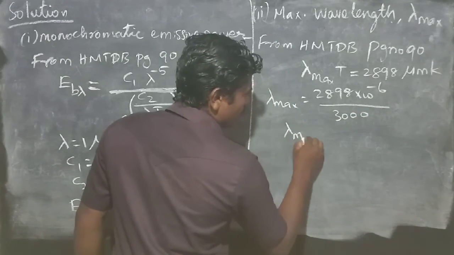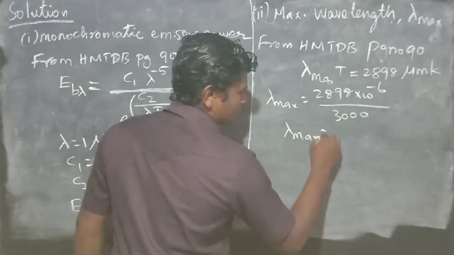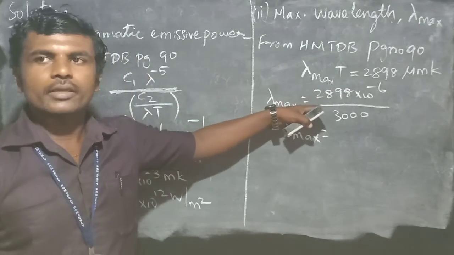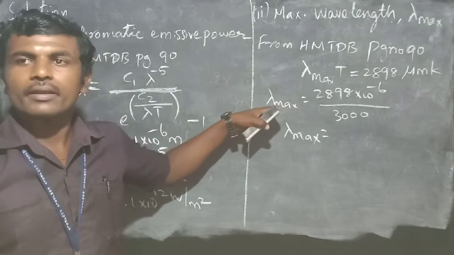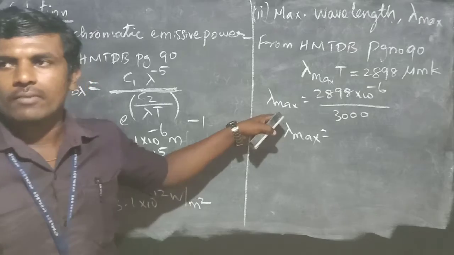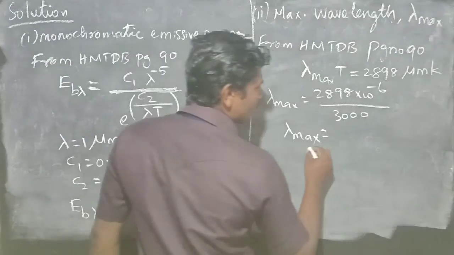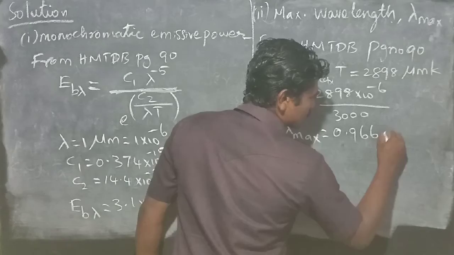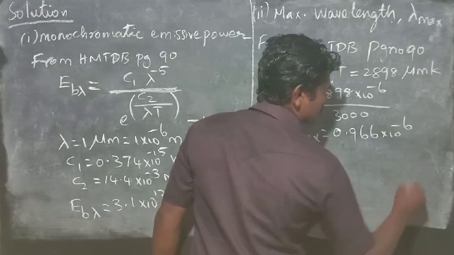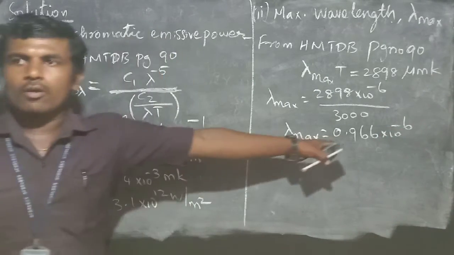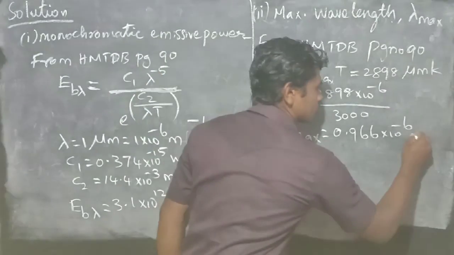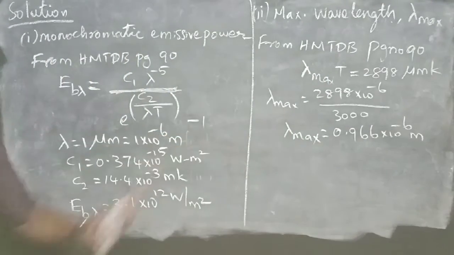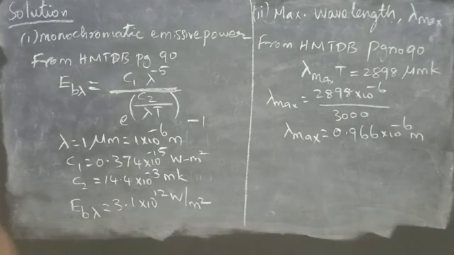When we substitute the values here, we get the maximum wavelength value, which is 0.966 into 10 power minus 6 meter. Second term over.